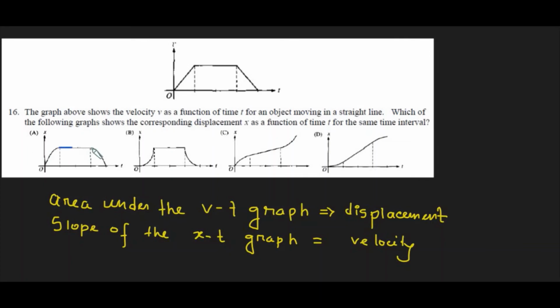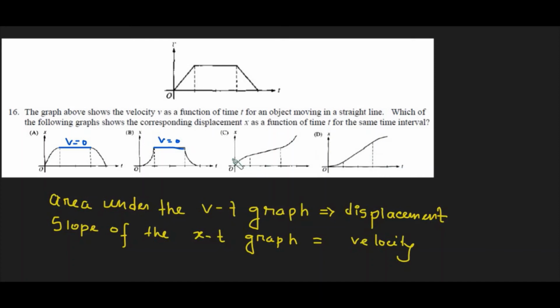So in between this time there is no displacement with respect to time, which means the velocity equals 0, but in the diagram the velocity is constant. Similarly, by the same logic, in between these two time intervals the velocity would be 0. That means the possible answer is between C and D.